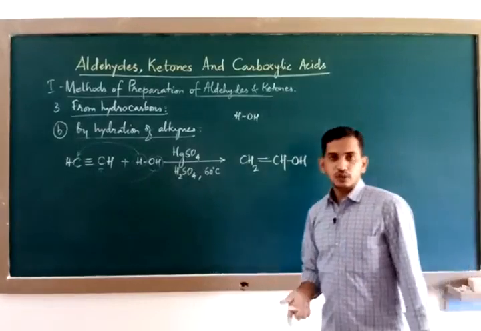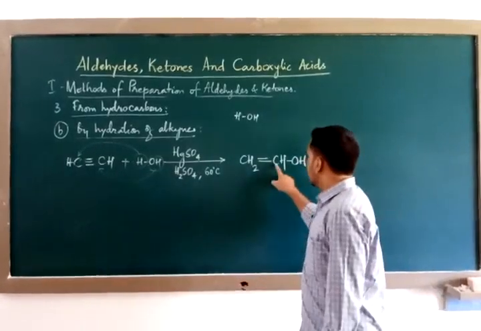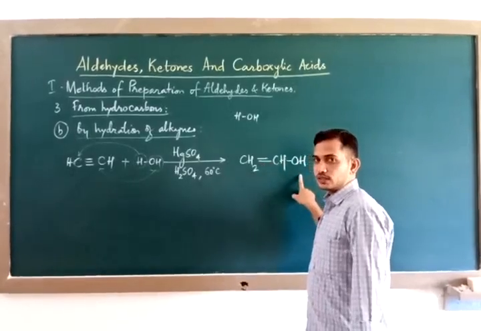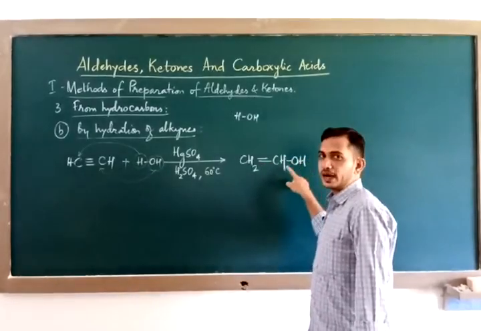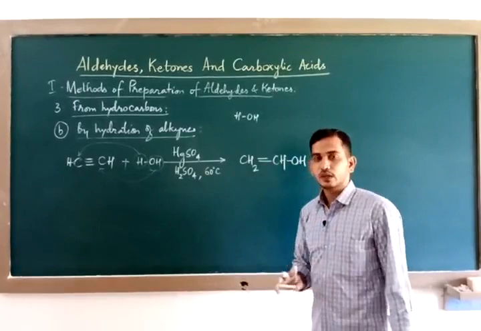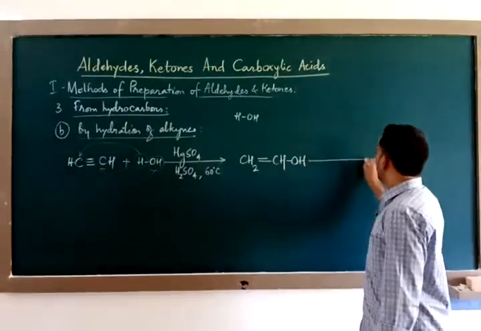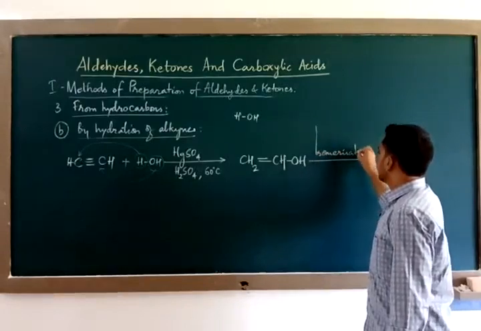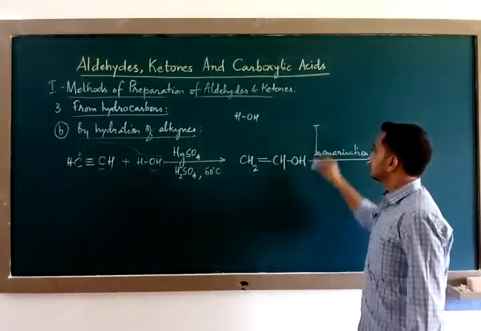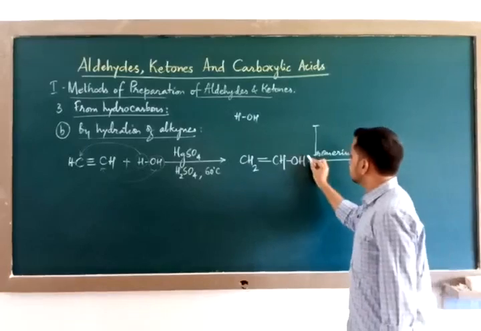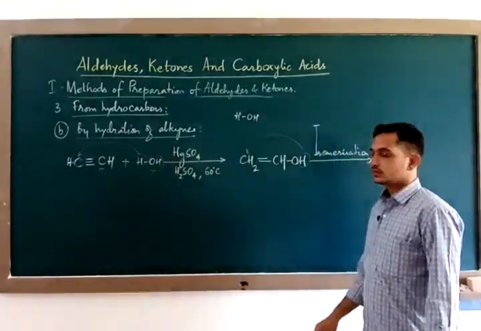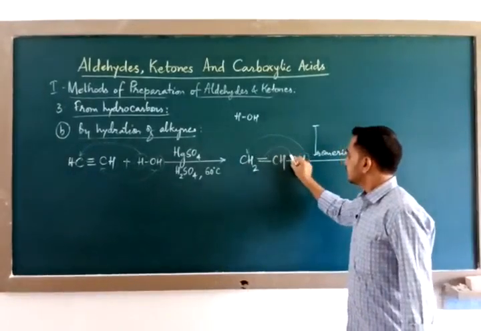If I have not told you, I will repeat once again. A carbon which contains a double bond as well as oxygen and a hydroxyl group attached to it is unstable. For this reason, it undergoes isomerization. It changes some of its atoms on its own, that is, it transfers this hydrogen here and the double bond between carbon and oxygen.